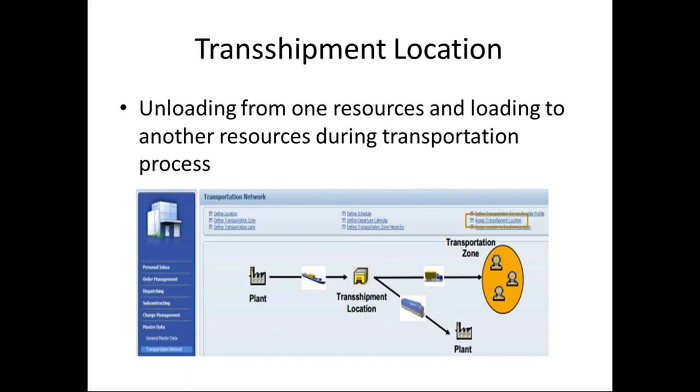For example, you are sending by air, but suddenly you identify that the ocean scenario is much cheaper, so you go with the ocean. Based on this transshipment location, the charges will decrease. If you send material from Bangalore to Kolkata via aeroplane, the transportation cost will be more, but via ship it will be very less.